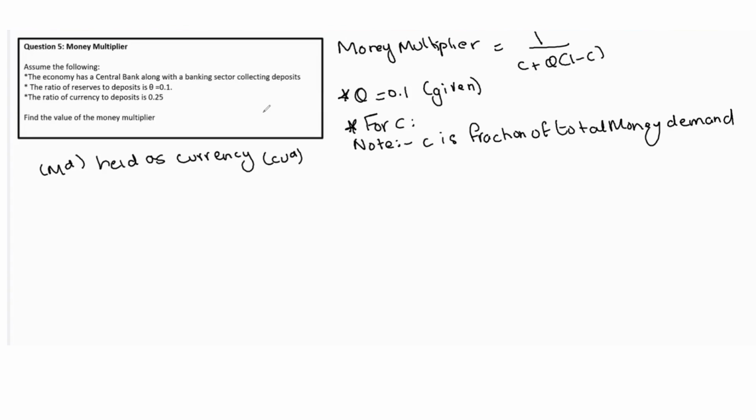That's another decision you have to make. c represents how much of your total money demand you decide to hold in the form of currency. So c is essentially CUD divided by MD. This is how the book defines c.